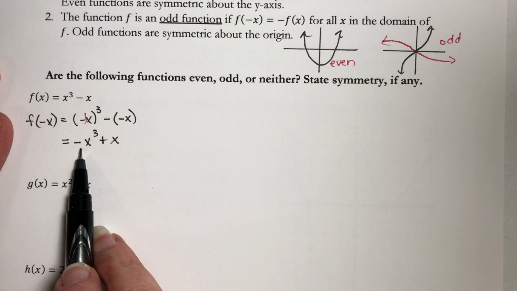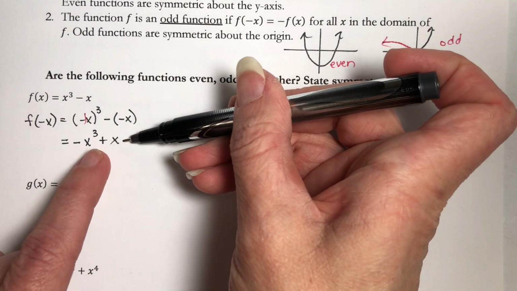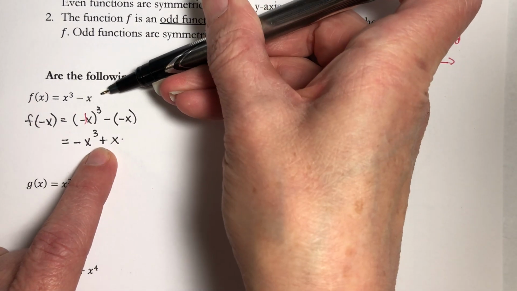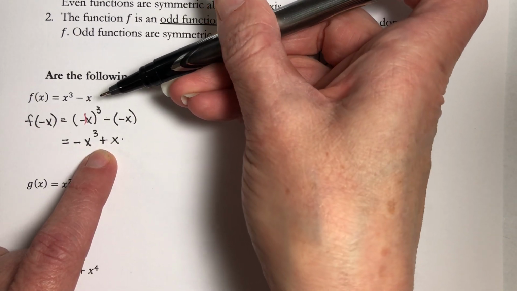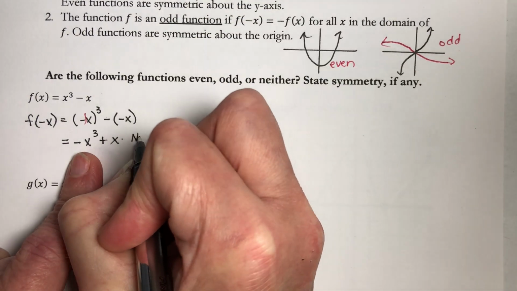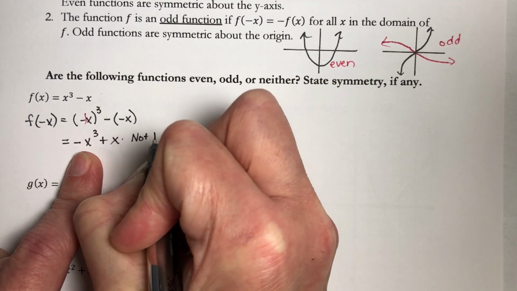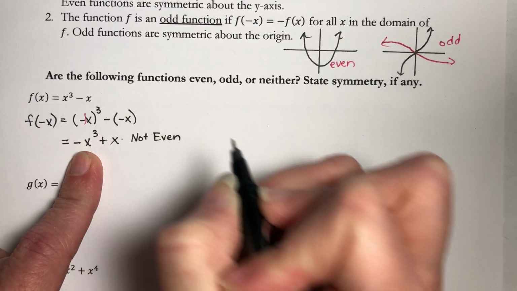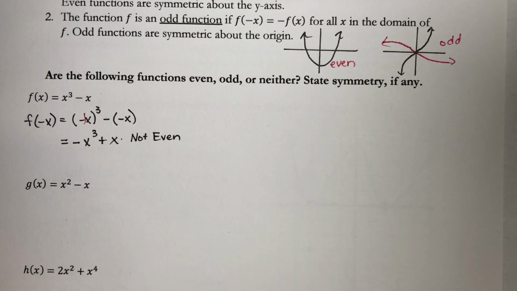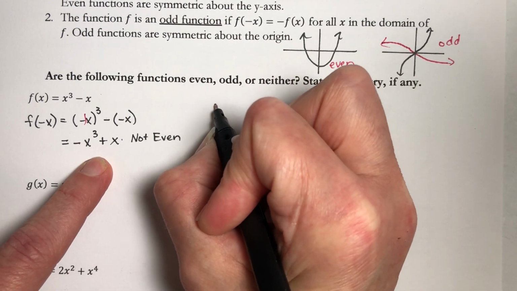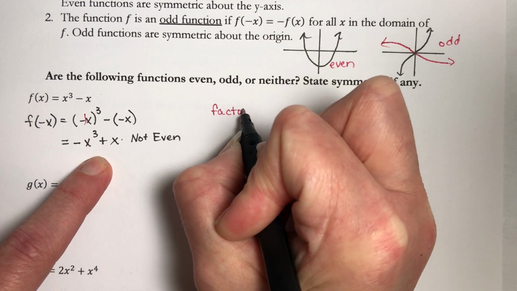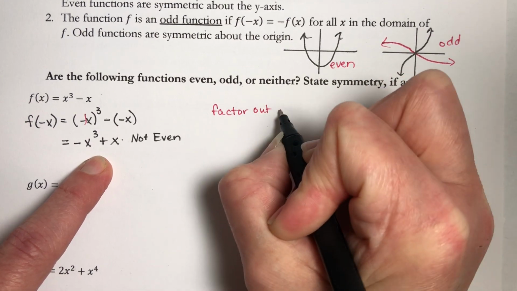Now we look to see if it's even. If it's even, this should be exactly the same as this. And that's definitely not true. So at this point, we know that it's not even. Now, to check to see if it's odd, we want to factor out a negative.